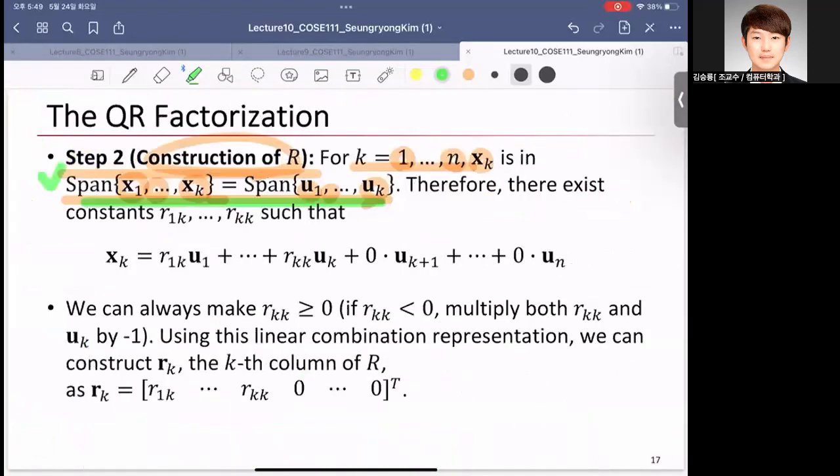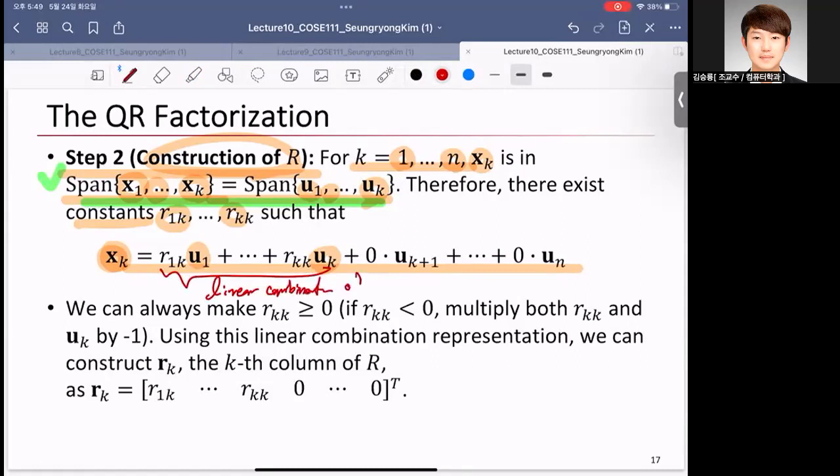Therefore, there exist constant values r_1k up to r_kk such that x_k, an arbitrary column vector, one of the column vectors k, can be represented by a linear combination of u1, u2, up to uk.